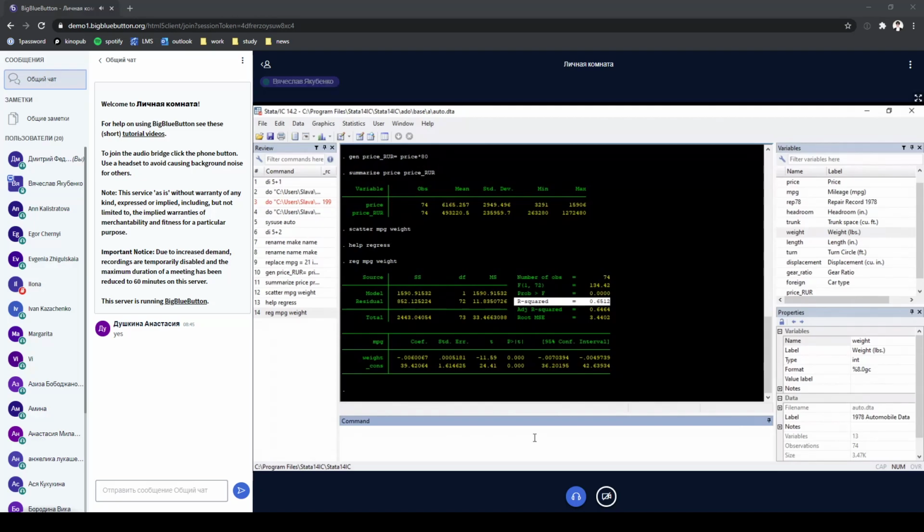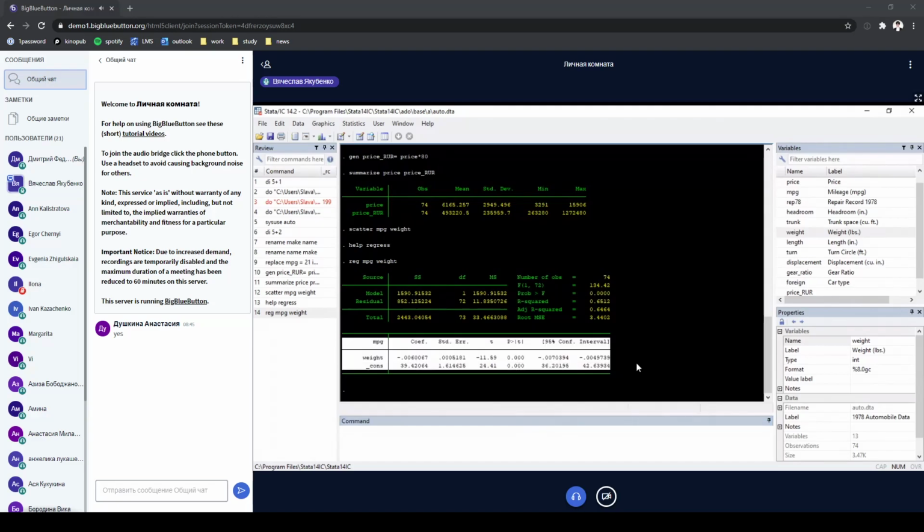So now we can refer to the bottom panel, and in the bottom panel things are more interesting. First of all, we have this coefficient. On the left part, it shows you the dependent variable.